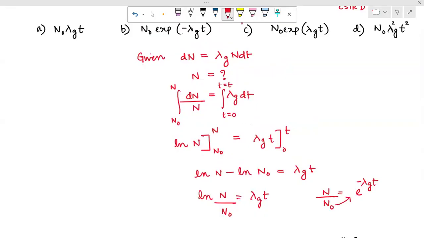My final answer is going to be n is equal to n0 e to the power lambda t, option B. That's all. Easy. Understand that e to the power x can also be written as exponential x. They are the same.